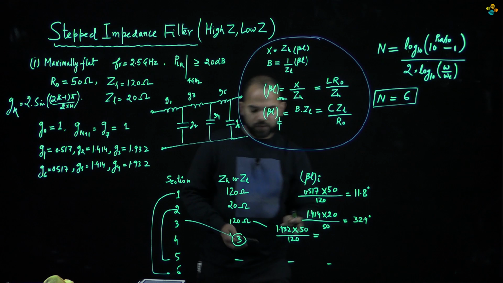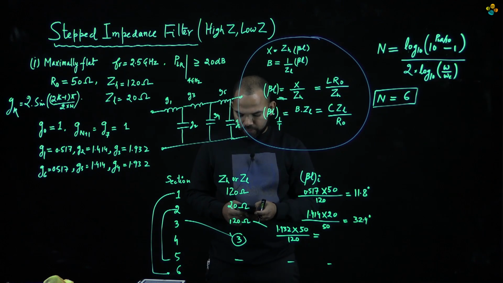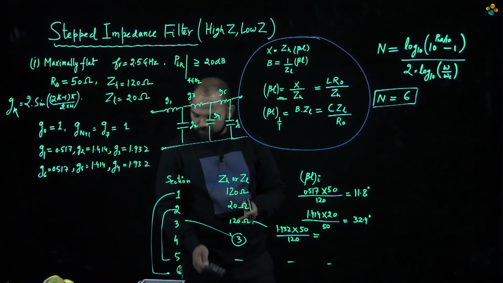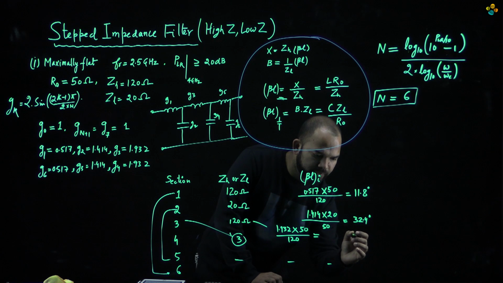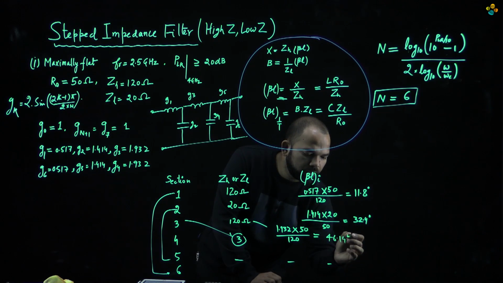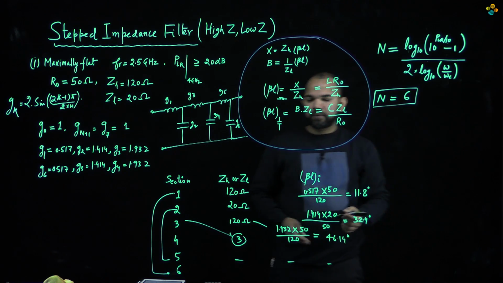Okay, and the next value would be 1.932 multiplied by 50 divided by 120, and we need to multiply this. This comes out to be 46.14 degrees, and so as the other values we can calculate.